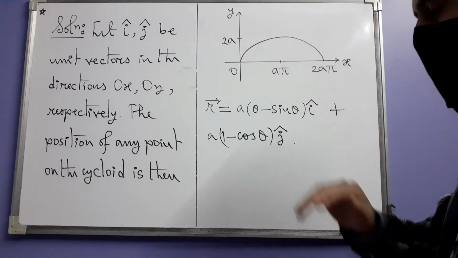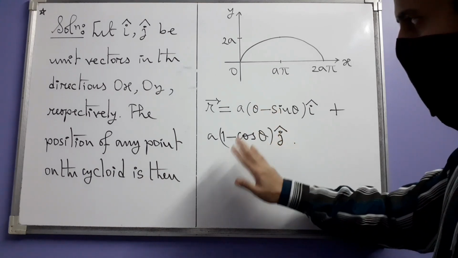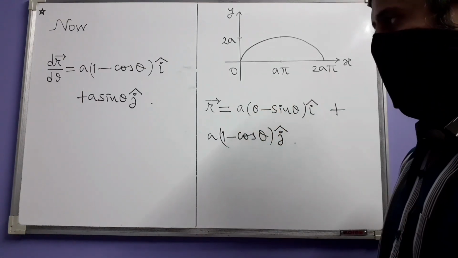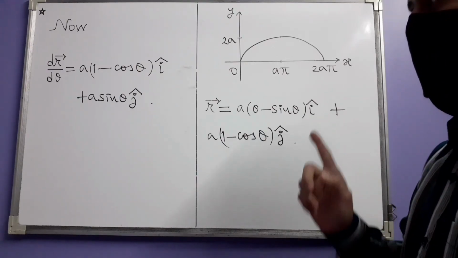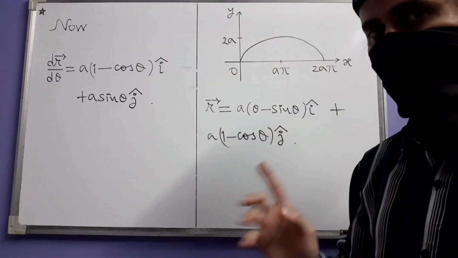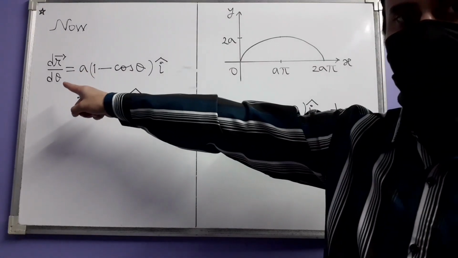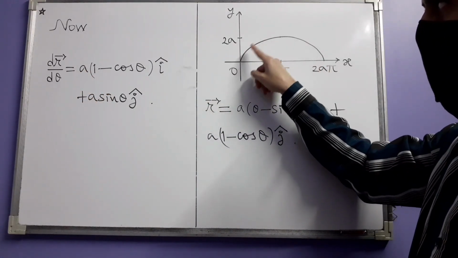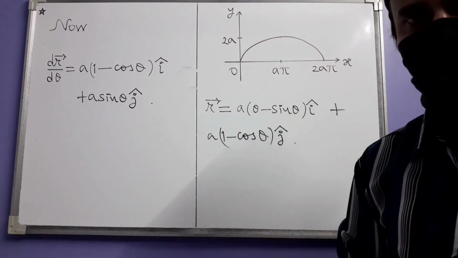So to find the unit tangent vector, what should we do? We have to first of all differentiate this with respect to theta. The derivative is pretty easy to find. Note carefully that those unit vectors i hat and j hat are constant with respect to theta. As theta changes, the point on the cycloid changes, it moves on the cycloid, but i hat and j hat do not change.